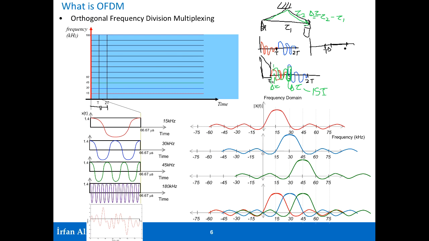So over here you have t plus delta, then 2 times t plus delta, and so on and so forth. And what you do in this period is interesting.